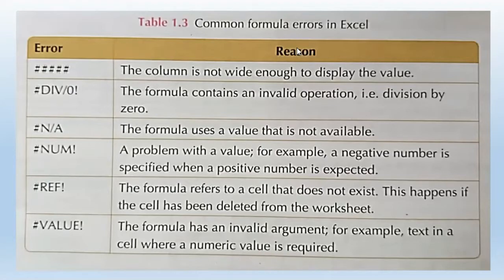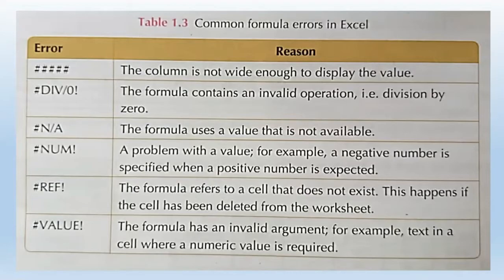Okay, now we have the next one. The next one is #DIV/0!. The formula contains an invalid operator, division by zero.